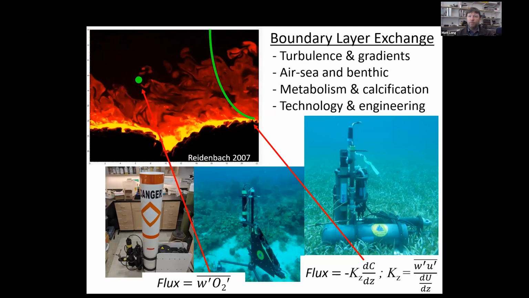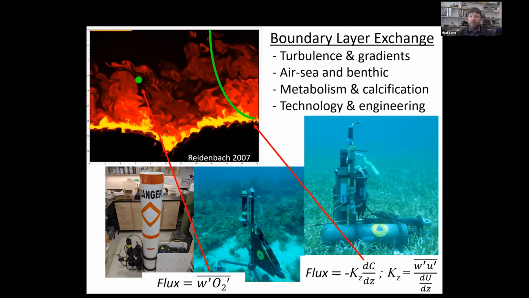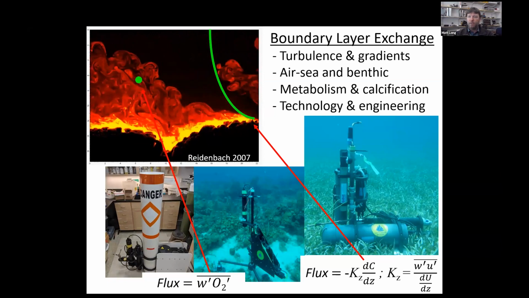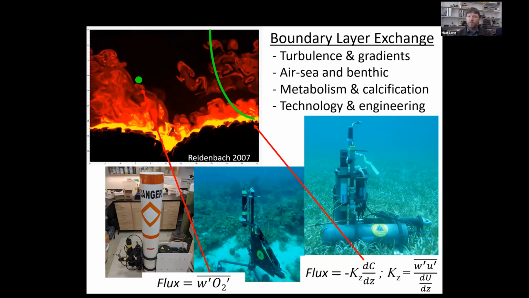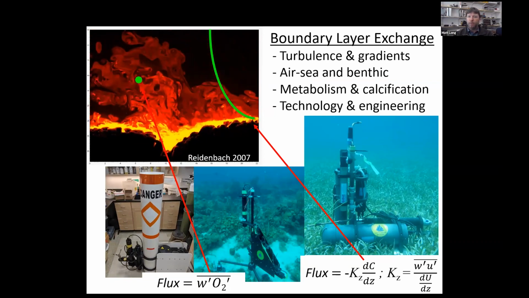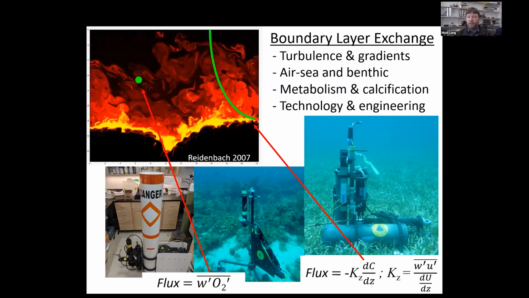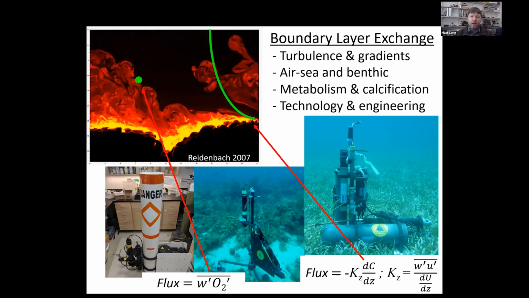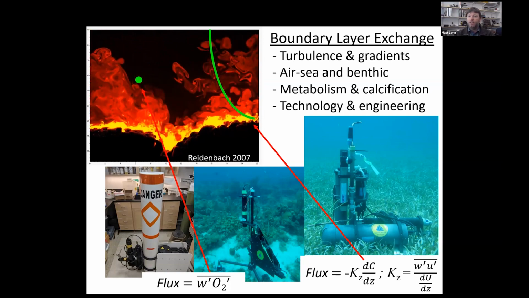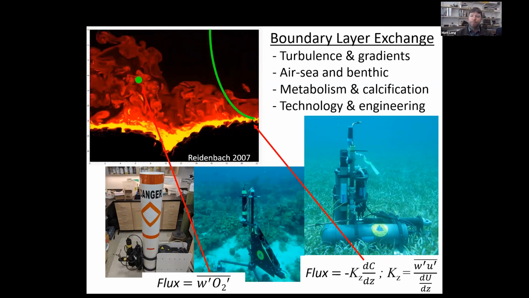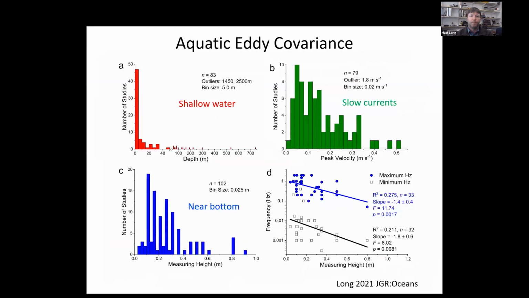We have a number of different tools for measuring fluxes. The same principles apply to the benthic boundary layer as well as the air-sea interface. We're developing tools for doing metabolic measurements as well as calcification and dissolution. And again, we do this through technology and engineering development.